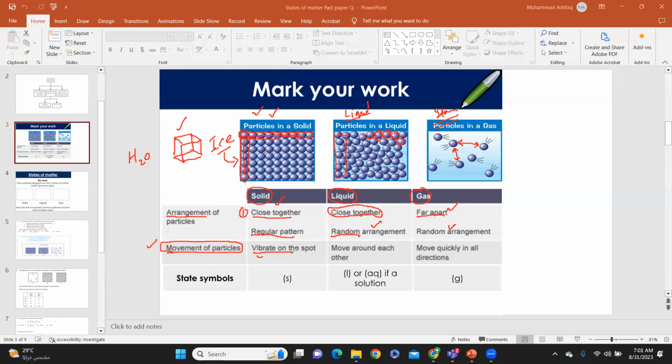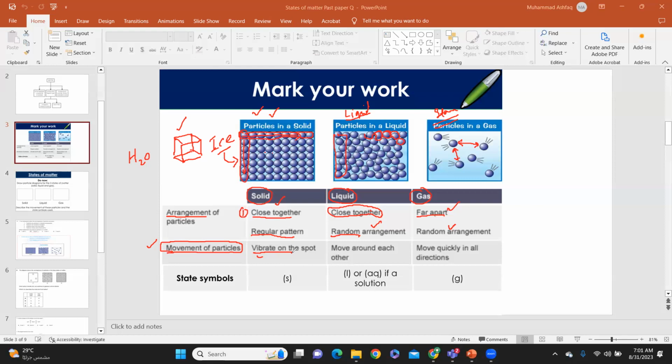This is called vibration. You can't say that any state of matter, gas, liquid, solid, is unable to move. Even a solid, like this box, this board, door, chair, table, pen, is not moving, but the particles inside are vibrating.